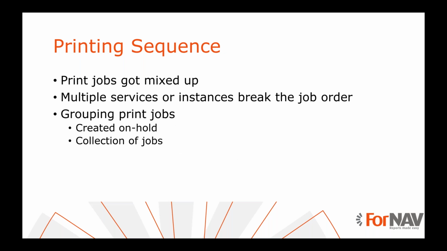So as I said, this happens when you run the service on multiple locations, or if you run the service with multiple instances on one server. So what we found out is that we need to kind of group the print jobs so that we make sure that everything is sent to the printer in one go, instead of just sending them as you print, because then other people can come in between your jobs.